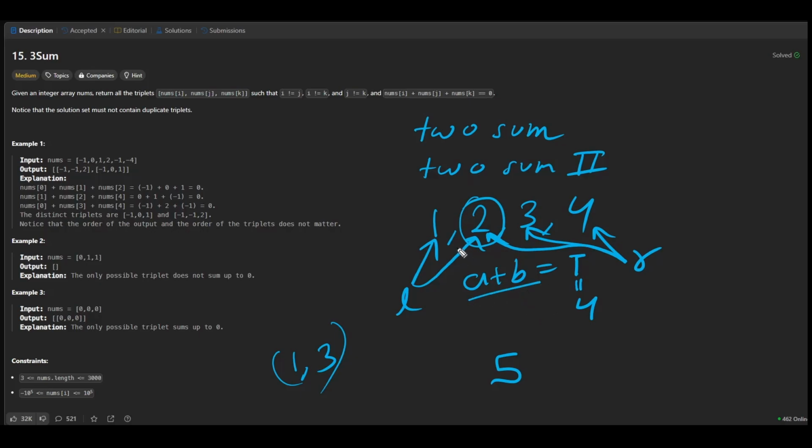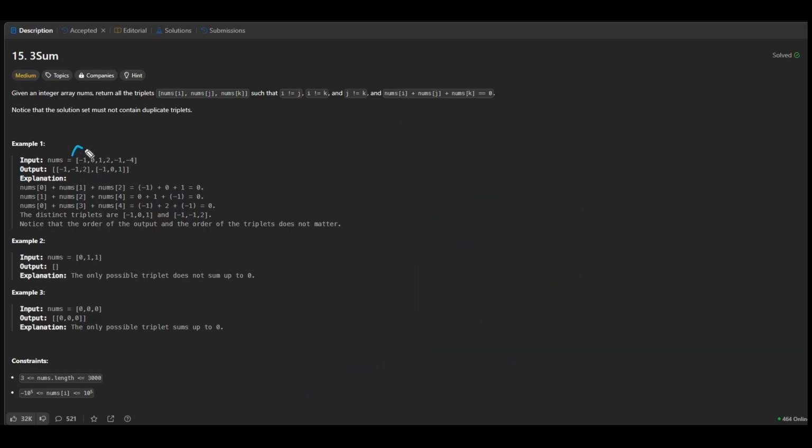Since this is invalid, we can stop traversing and we have the solution: 1 comma 3 gives us 4. So these are the two problems which can be used to solve this particular problem. Now let's take a look at this problem. Let's take this particular example. What we are being asked to find is a plus b plus c equal to 0.